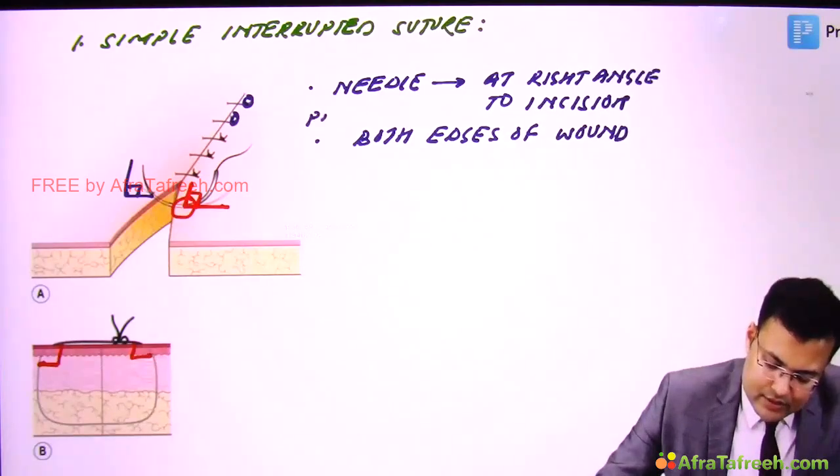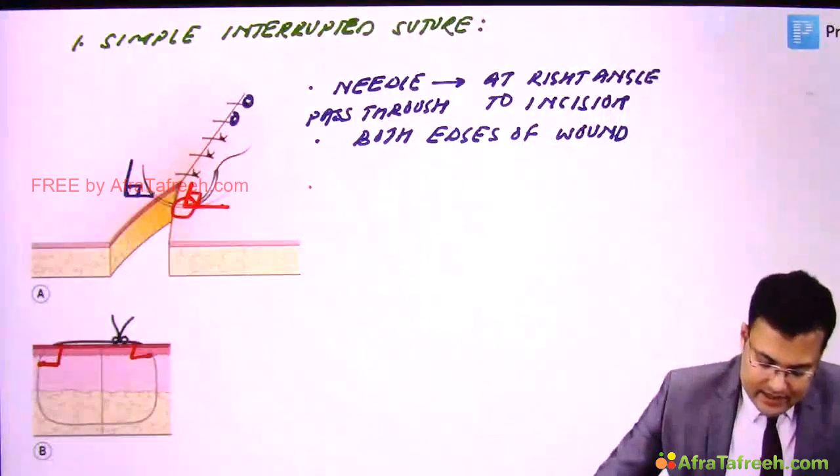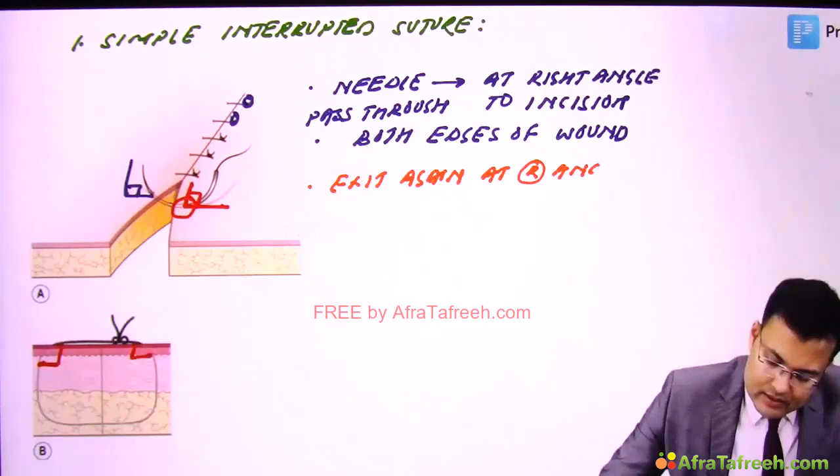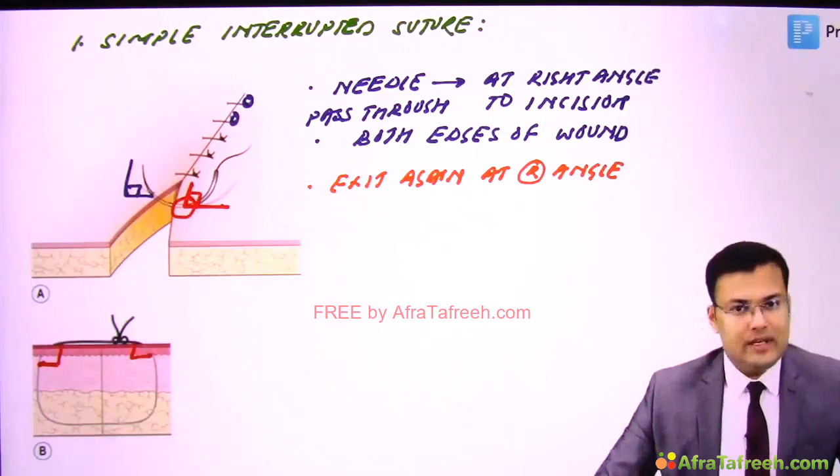Clear? So it passed through both edges of the wound and then exits again at right angle. Clear? So this is simple interrupted suture.